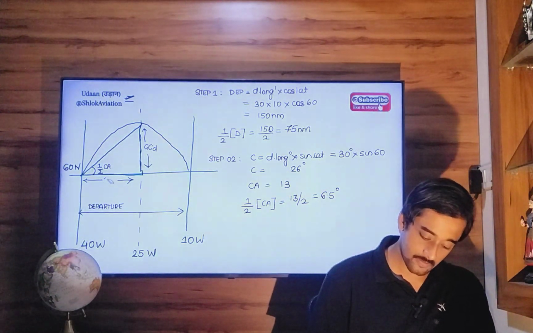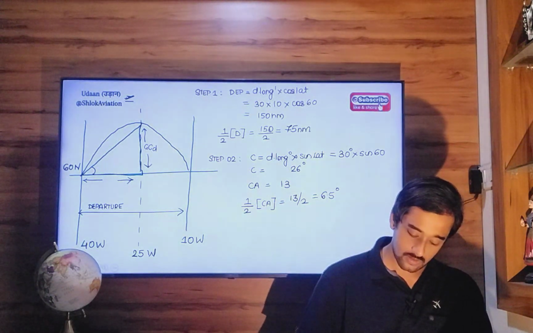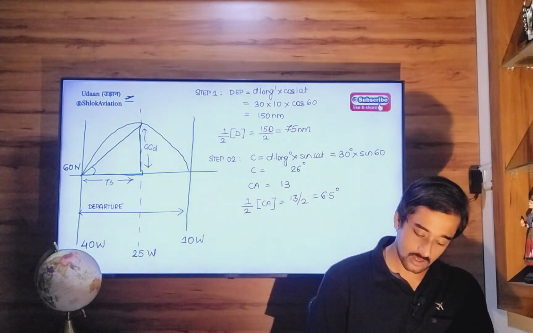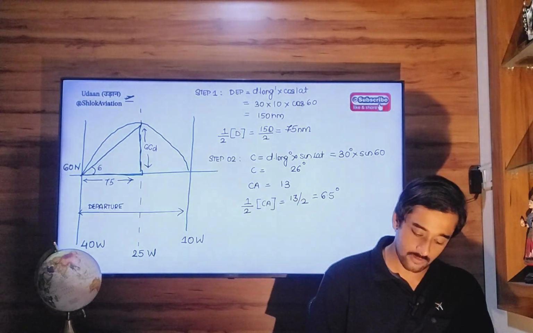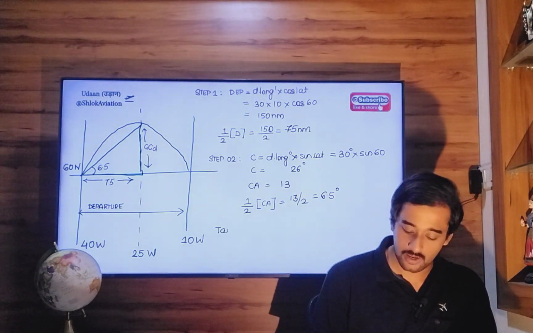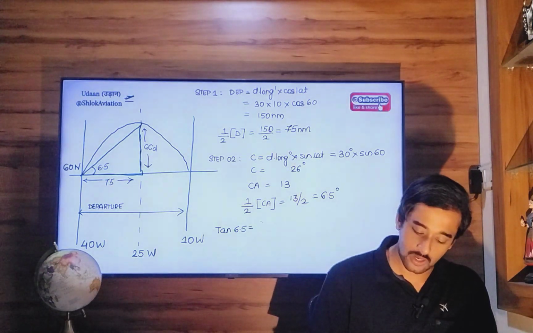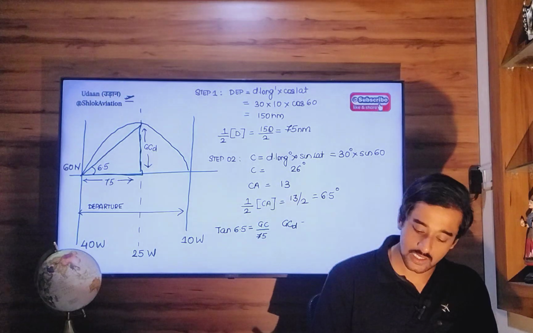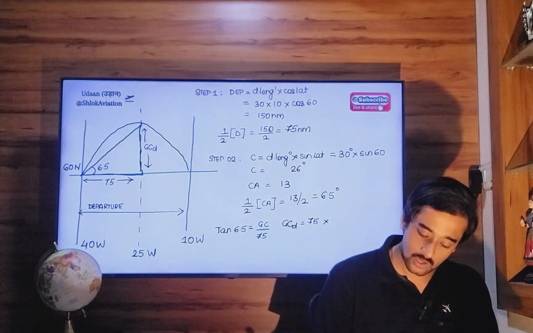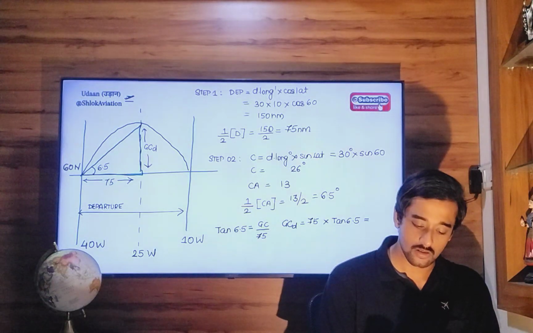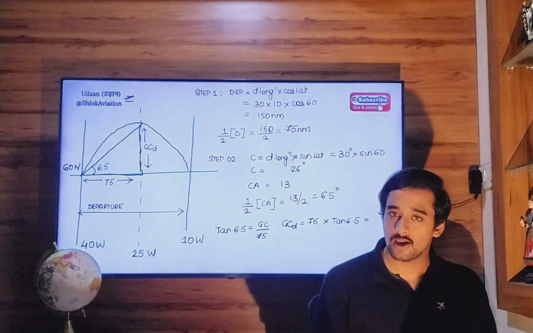Let's fill them here. 75 and 6.5. Now apply the tan theta formula. Tan of 6.5 equals the great circle distance divided by 75 miles. So the great circle distance is 75 into tan 6.5. That is equal to 8.5 nautical miles.